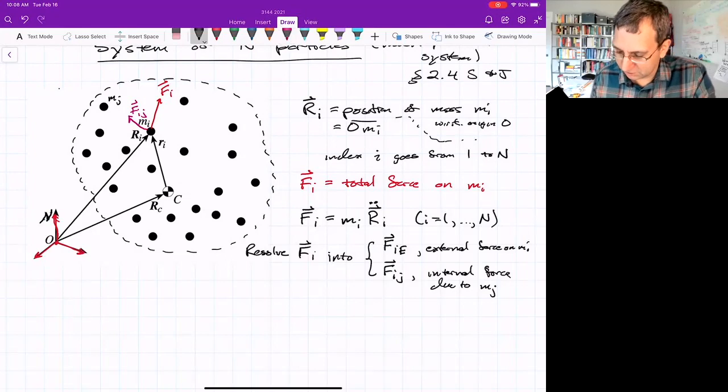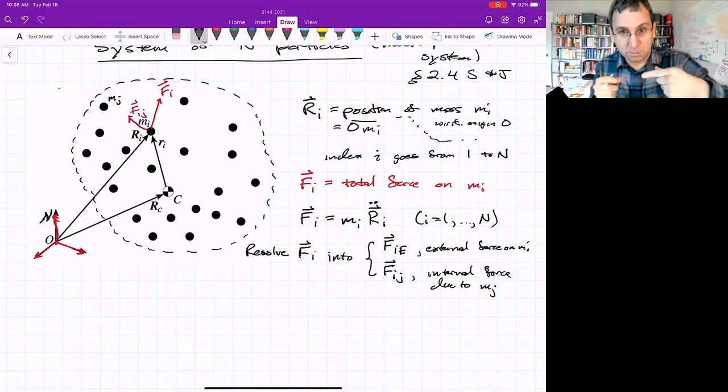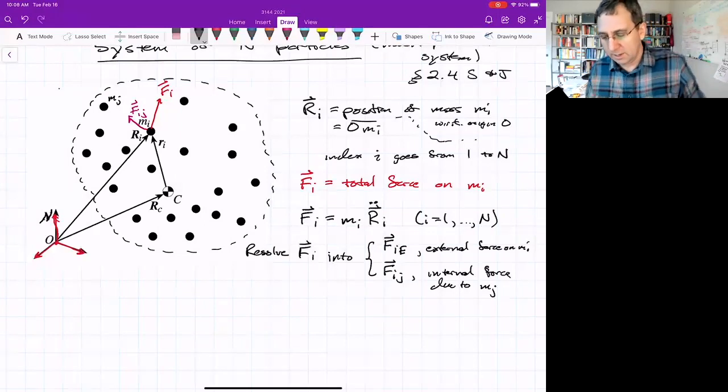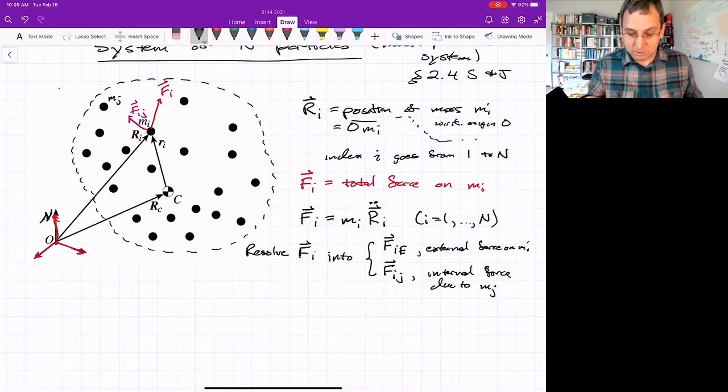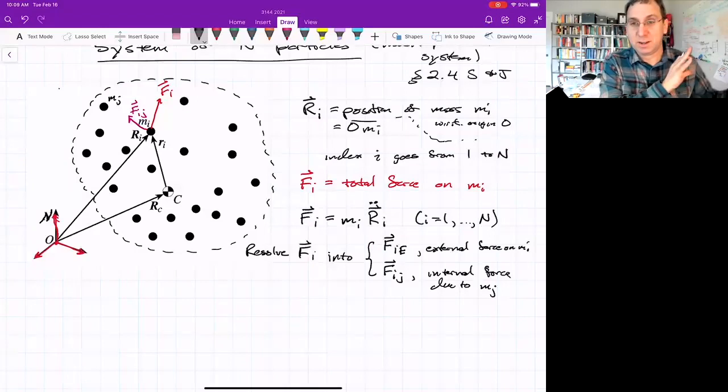The external forces are just whatever's left over. So forces that aren't due to other particles. There's only 2 types of forces in this setup. There's internal, so something that's due to another particle. Think of a bunch of point masses gravitationally attracted to each other. And then there may be an external force, which means a force due to something outside this dashed line. Some larger gravitational body, I don't know.